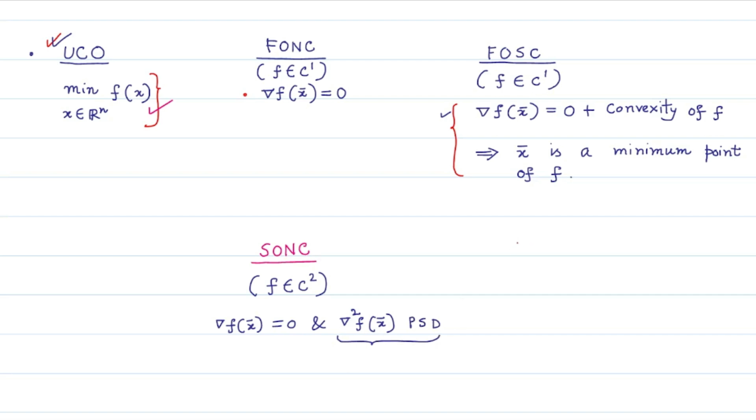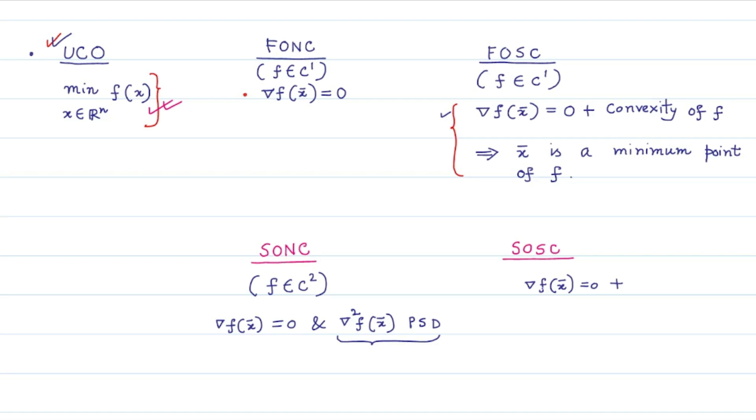And the second order sufficient optimality condition for the unconstrained optimization problem is that if x bar is such a point that the point x bar is a stationary point, plus, instead of the convexity in the first order sufficient condition, we consider the second order sufficient condition of convexity for the function f.